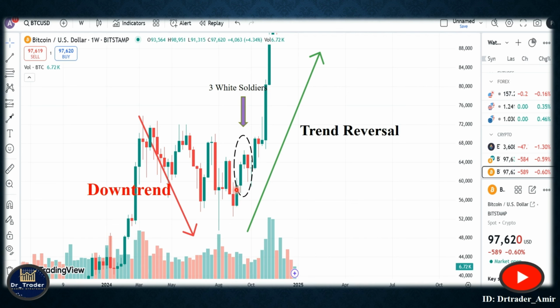It is obvious that the market was so sensitive to this candlestick pattern, and the price increased sharply after it, from approximately $56,000 to more than $88,000, and that was a very sharp increase in the price of the chart.